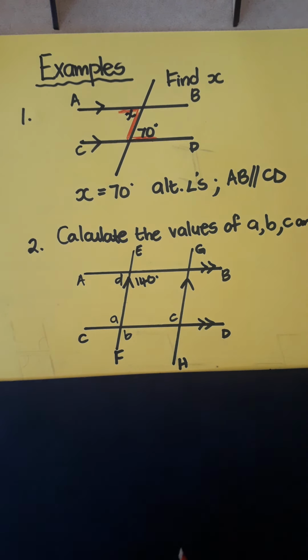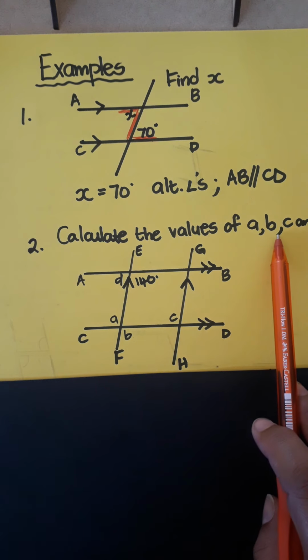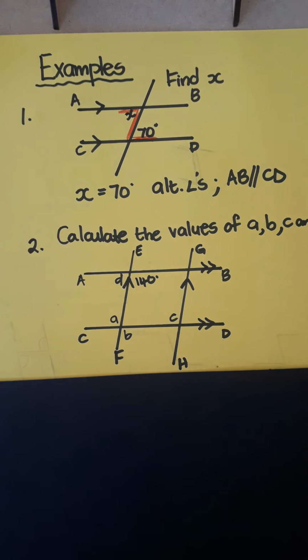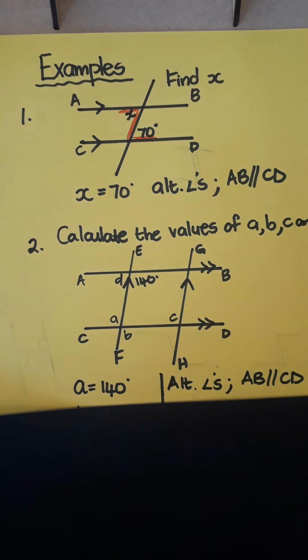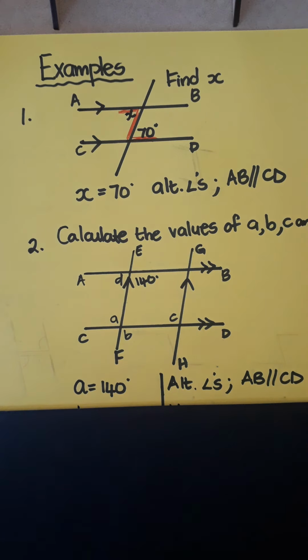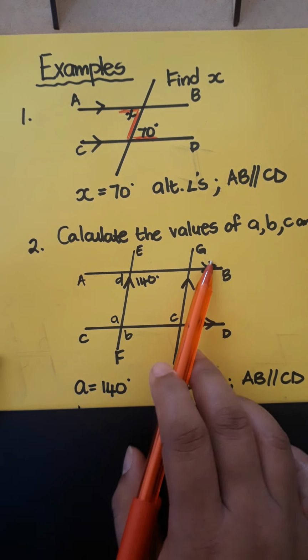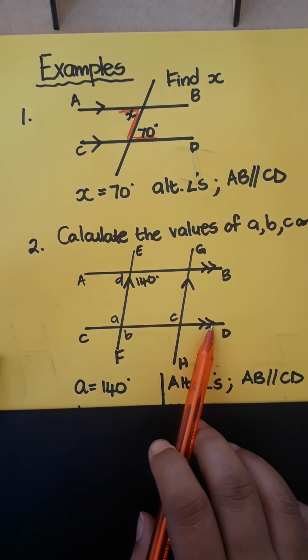Let's move on. It's not complicated, it's just more information given. We have to find the values of A, B, C, and D. Now this involves quite a few other angles that you've learned, so hold in there, you're almost done. Let's look at the first one. I notice that AB is parallel to CD.